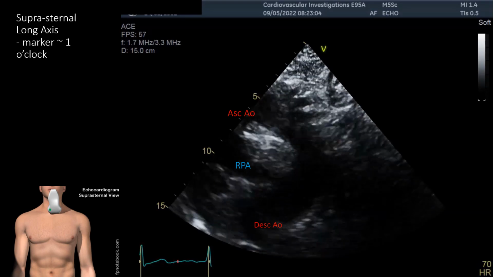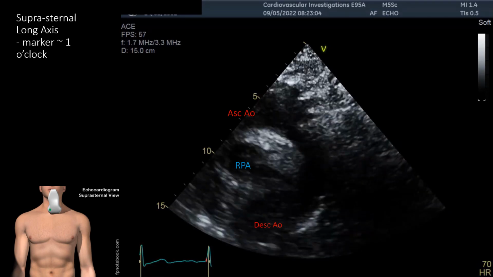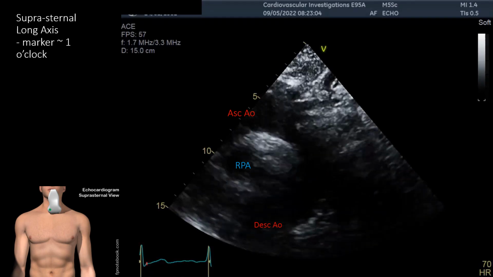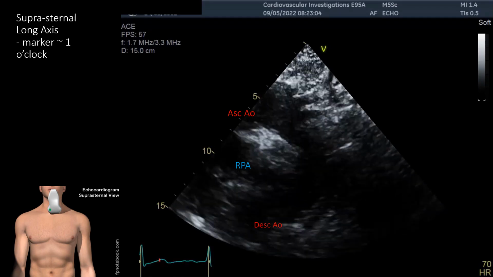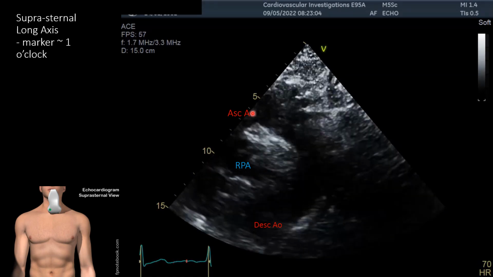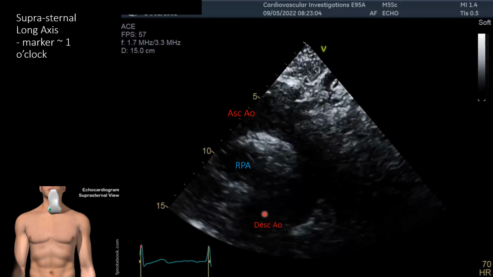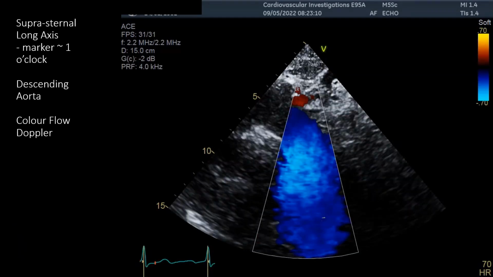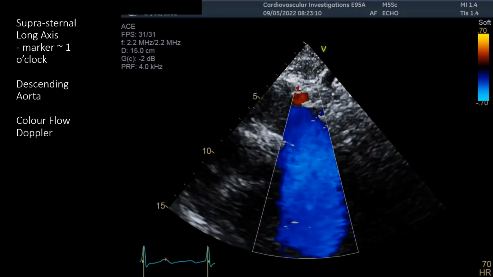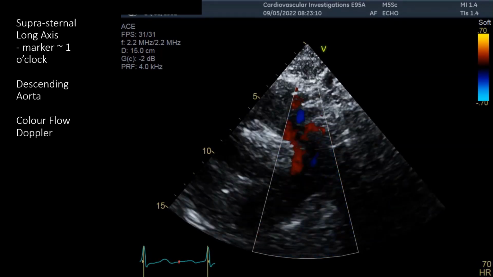Finally, we're looking at the suprasternal windows, and these can be used to interrogate predominantly aortic flows. In this image, we can see the ascending aorta, the arch, and then down into the descending aorta. We can look at color flow Doppler across them and expect to see nice laminar flow away from the probe in the descending aorta.